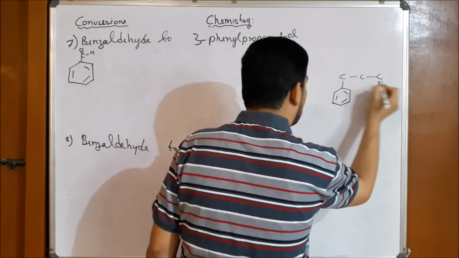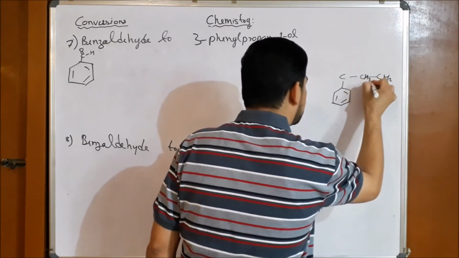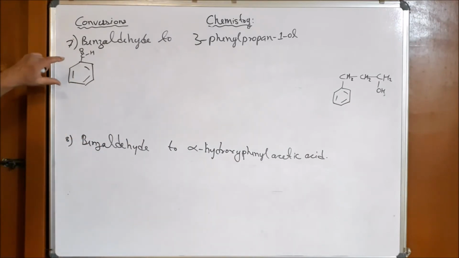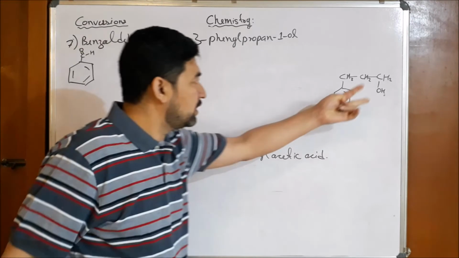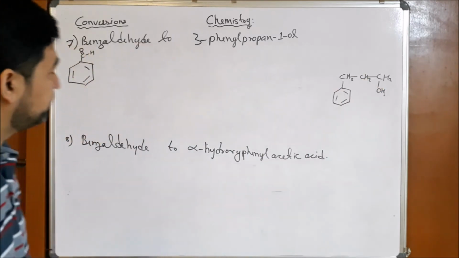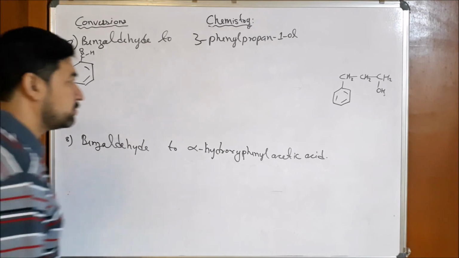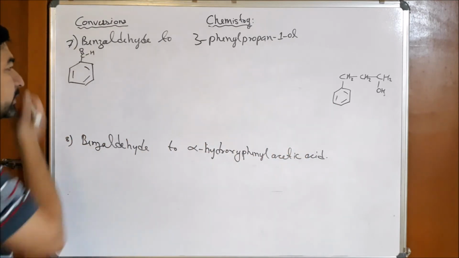So this is the one, with CH2, CH2, CH2. We'll start with benzaldehyde. Two carbons are extra, and the alcohol is also there, and O has been removed.